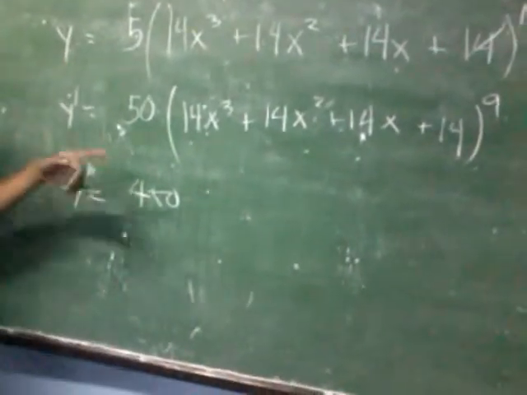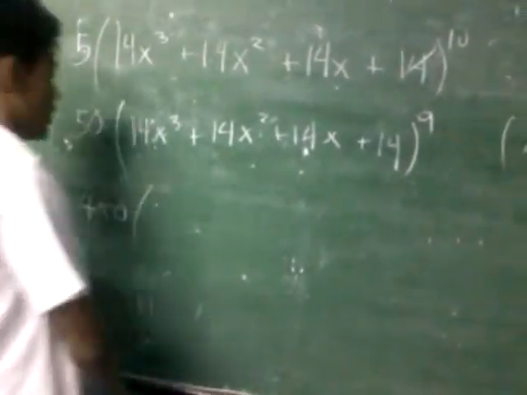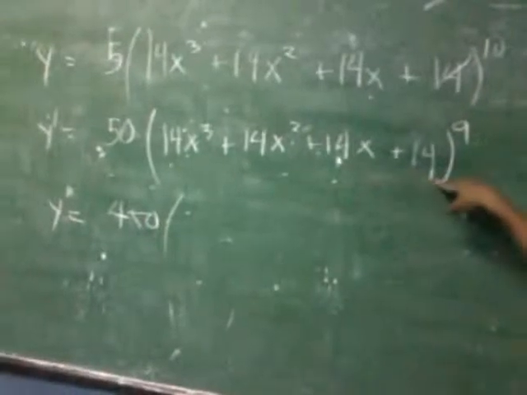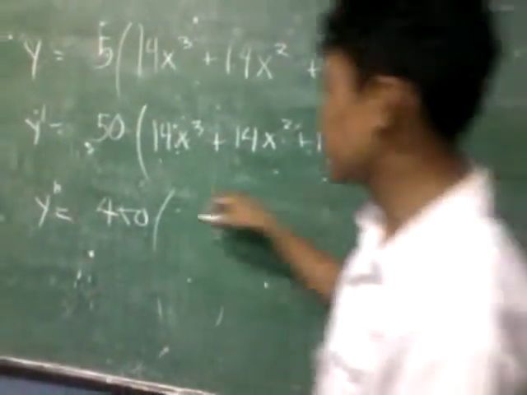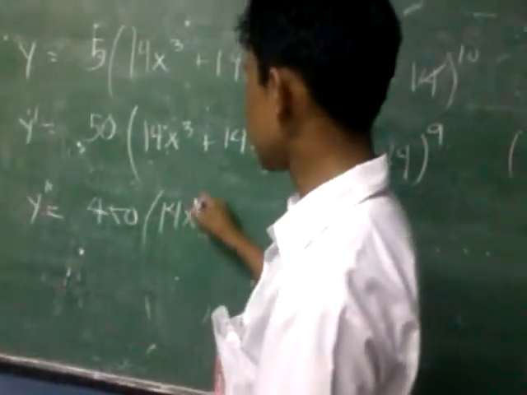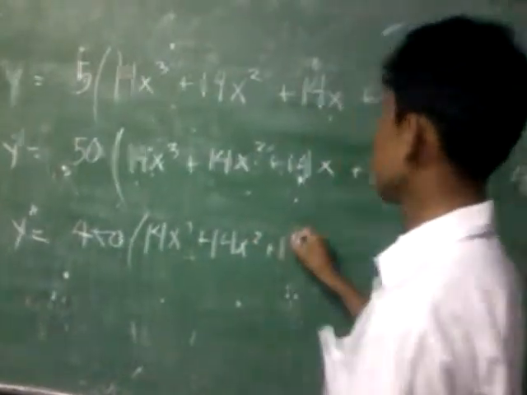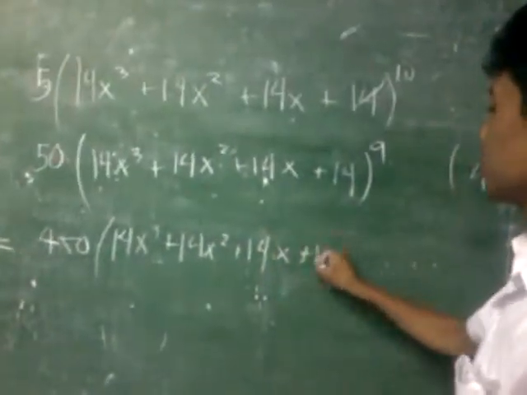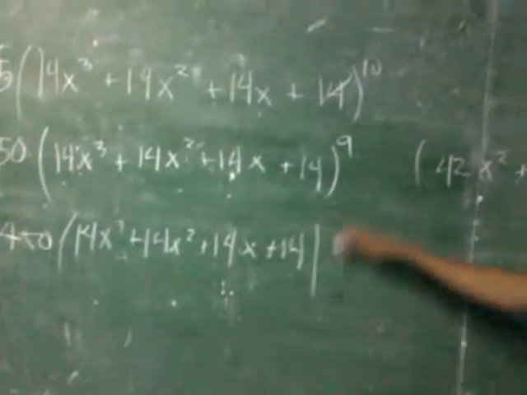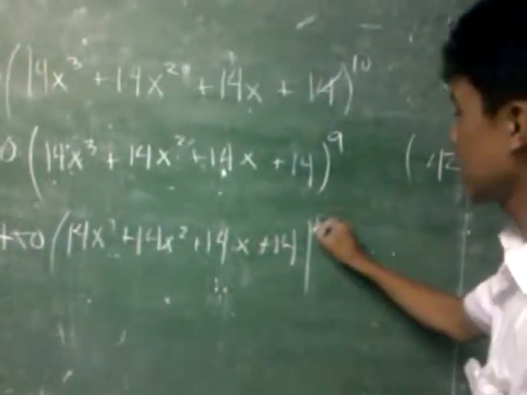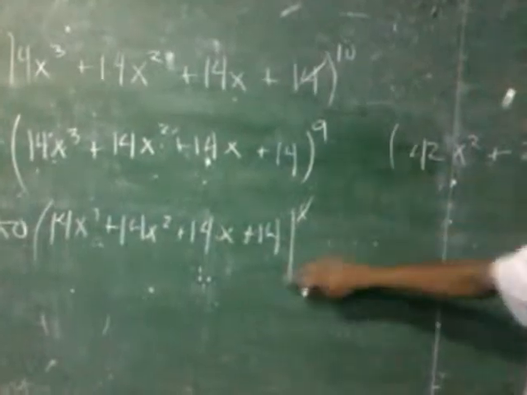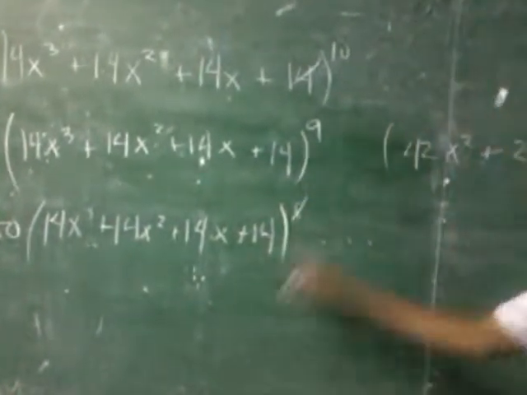Just multiply 5 and 9 and add 0. Then just copy again: 14x cubed plus 14x squared plus 14x plus 14. There. And 9 minus 1 is 8.